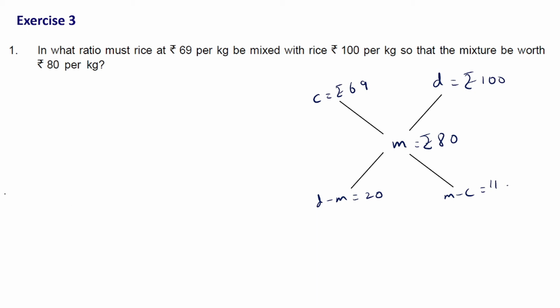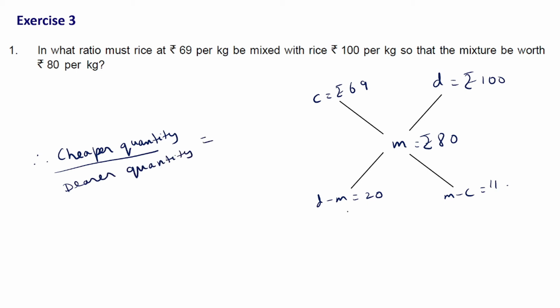We need to find the ratio of cheaper quantity to dearer quantity. So cheaper quantity upon dearer quantity is equal to D minus M upon M minus C. So this is equal to 20 by 11, or 20 is to 11.